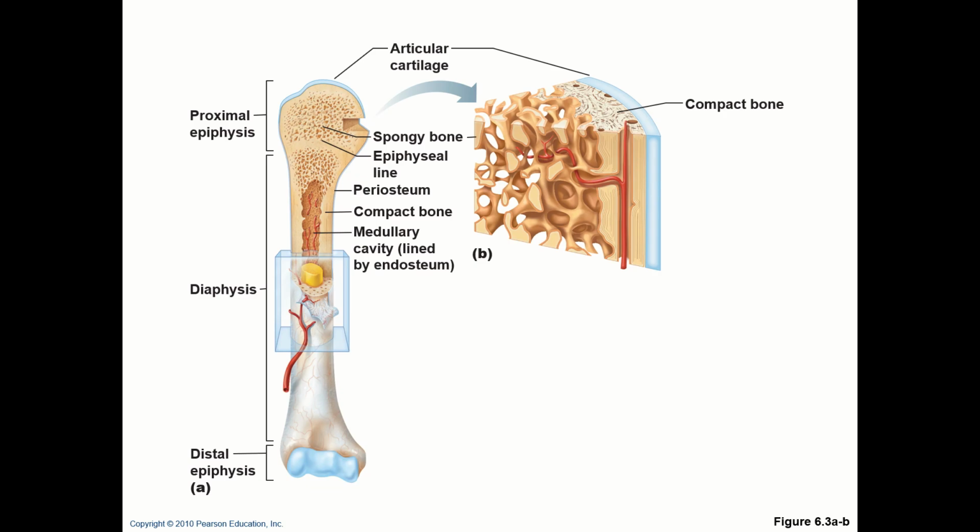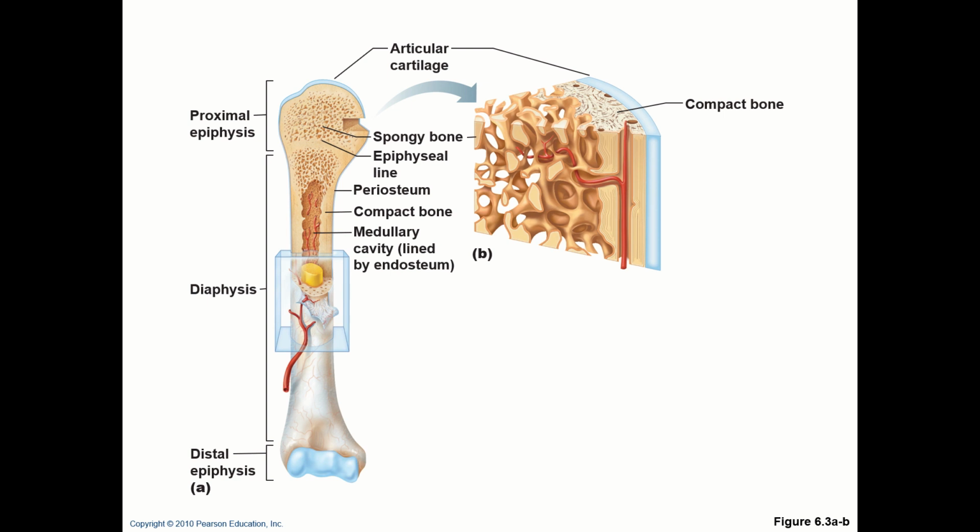The diaphysis is the long axis of the bone, and the epiphyses are the expanded ends of the diaphysis. You can see the diaphysis has the medullary cavity that's filled in with yellow marrow. This is an adult. And the proximal and distal epiphyses are named according to their attachment point. Proximal epiphysis will be closer to the point of attachment on the body, and the distal epiphysis will be further away.